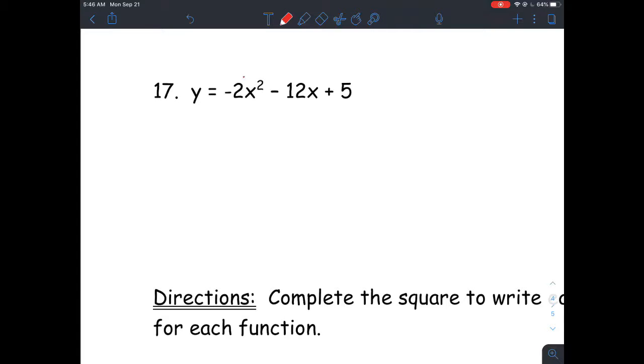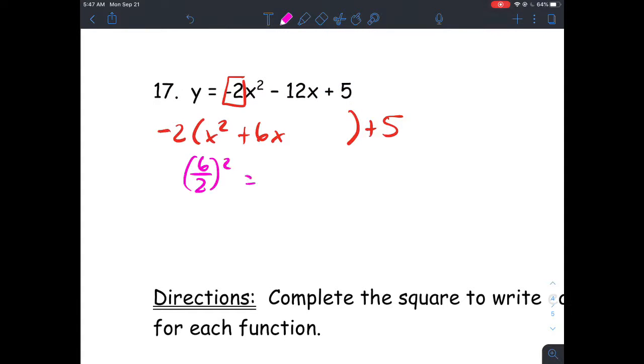All right, so first things first, we need to factor out this leading coefficient. So we end up with minus 2 times x squared plus 6x, close parenthesis, and we'll do our plus 5 on the end. So I'm going to go ahead and take my 6, divide it by 2, and square it. So I get a 9.